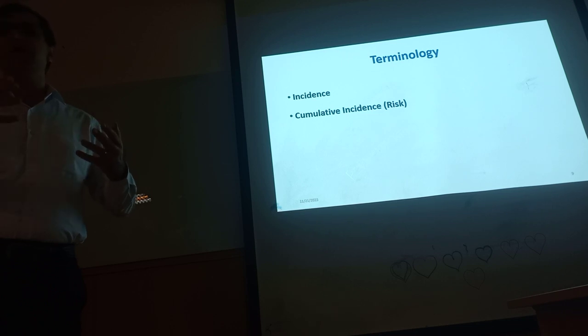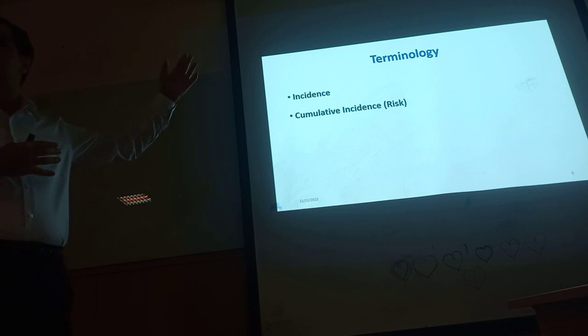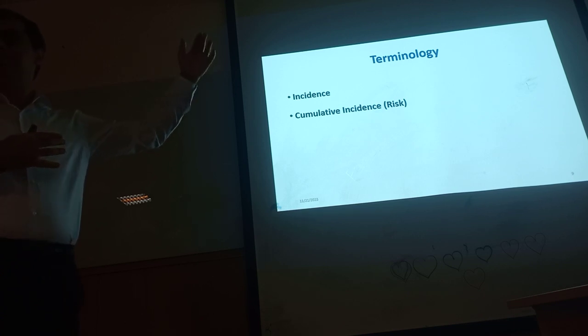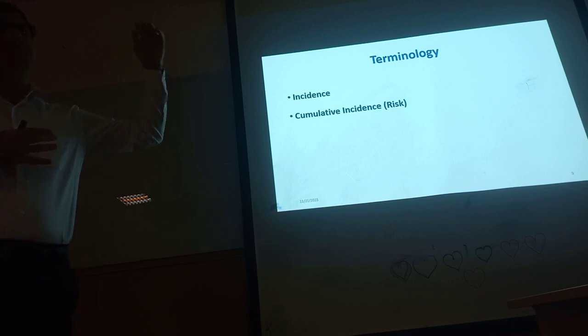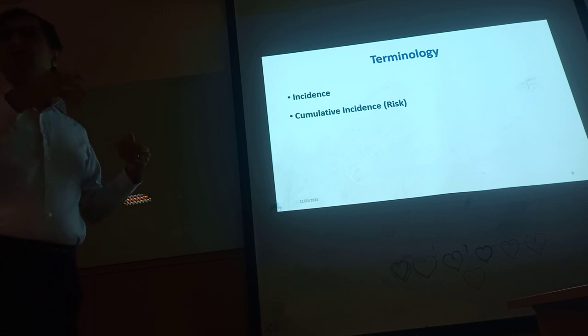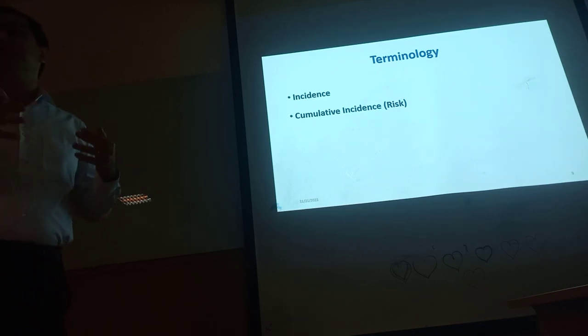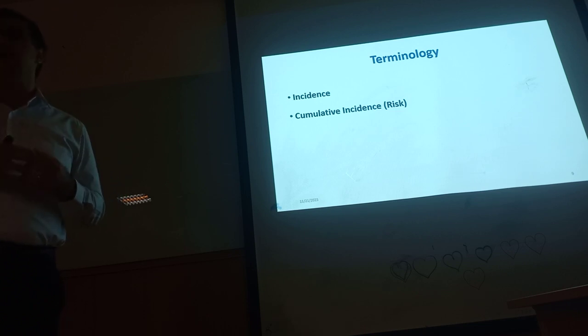And those who develop the disease during the specific year would be the numerator. So the numerator, or X, is the number of new cases in that specific period, and Y, or denominator, is the number of people who are at risk at the beginning of that specific period.